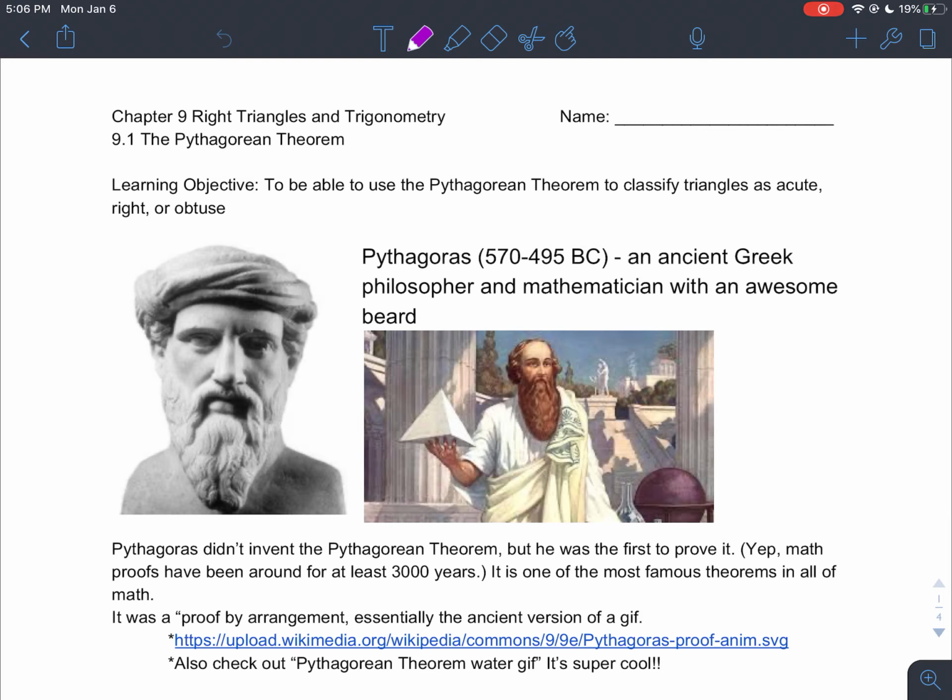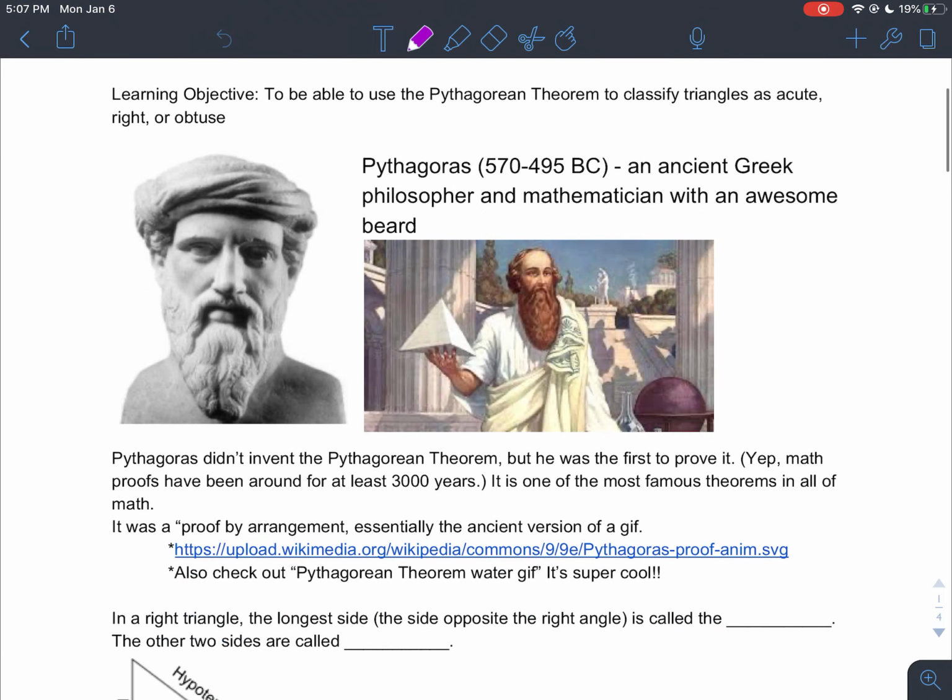The Pythagorean theorem is named after a dude named Pythagoras. He was an ancient Greek philosopher and mathematician. According to these pictures, he had a pretty awesome beard. He did not actually invent the Pythagorean theorem, which seems a little cheaty, but he was the first guy that proved it.